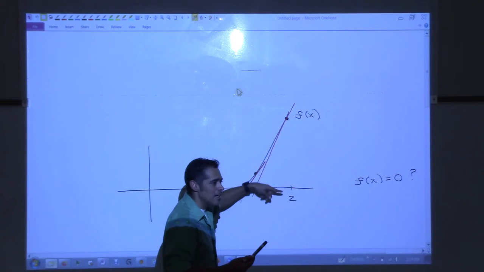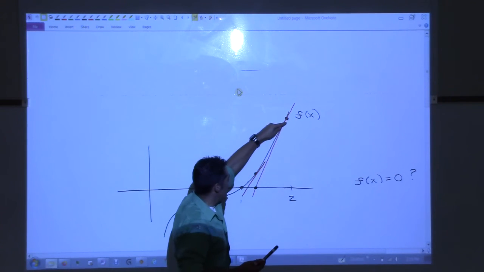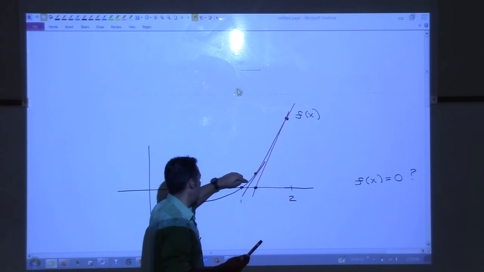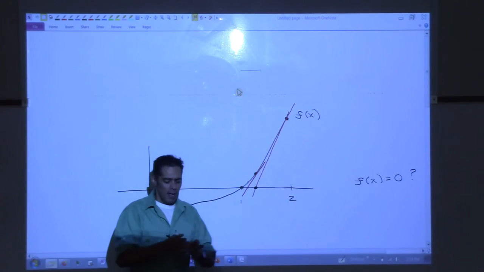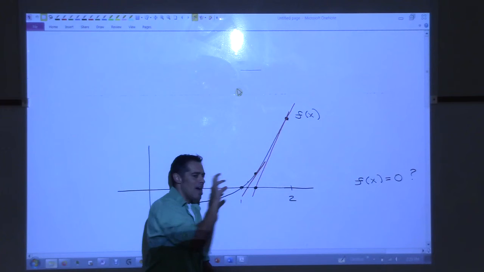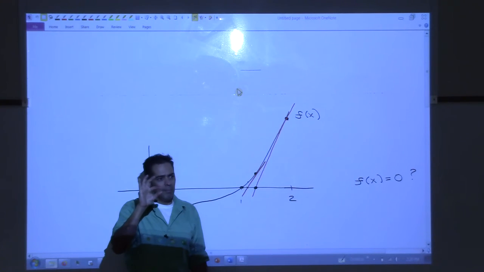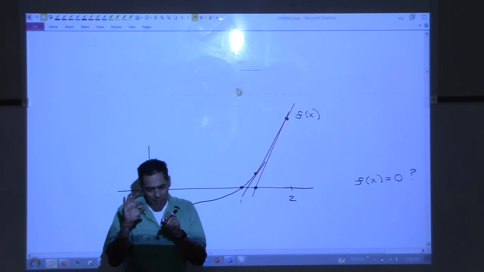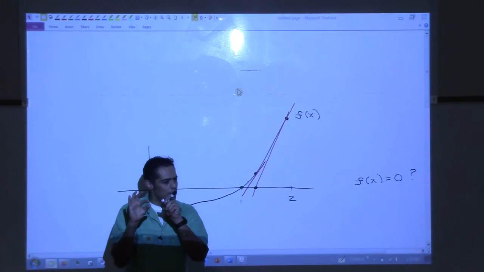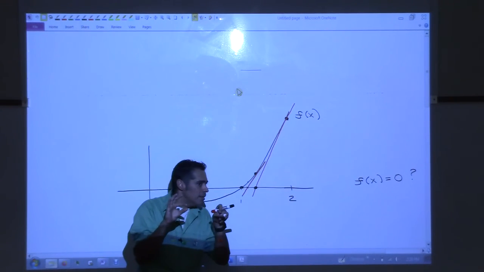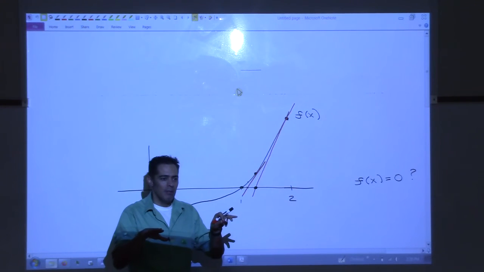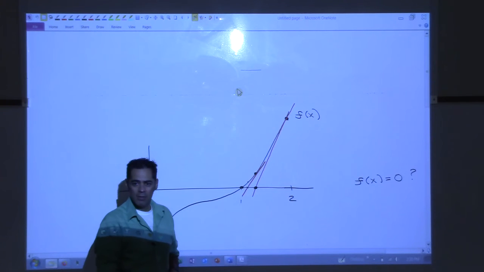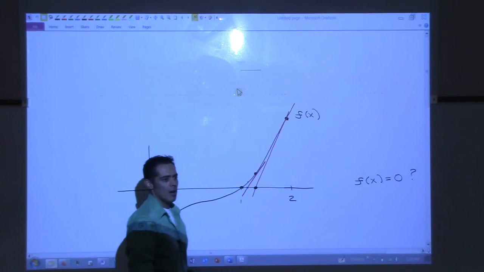I'm just going to keep having it try a number, come up with a new point, and try that. I'll do it until the height coming out is within some predetermined tolerance. Let's say as soon as that number is smaller than 0.00000001, stop, end the loop and spit out this point that we're at as our answer.